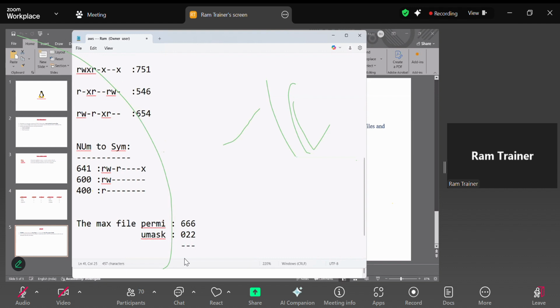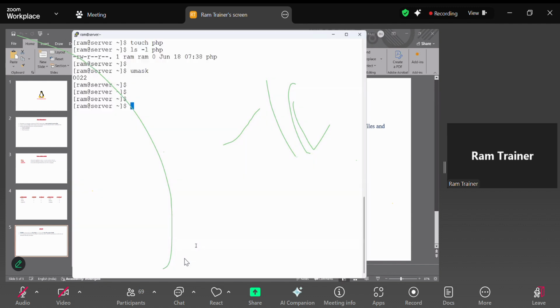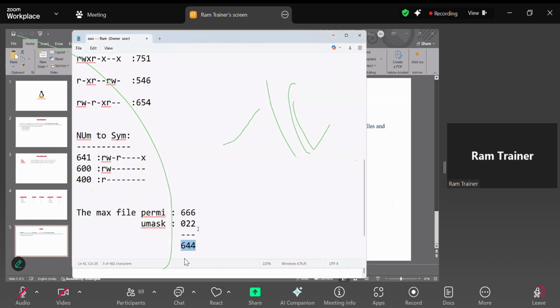If you subtract, 6 minus 0 is 6, 6 minus 2 is 4, and 6 minus 2 is 4. So if you create any new file, by default every file will get 644 permissions. That is the reason our PHP file was created with 6, 4, and 4 only.